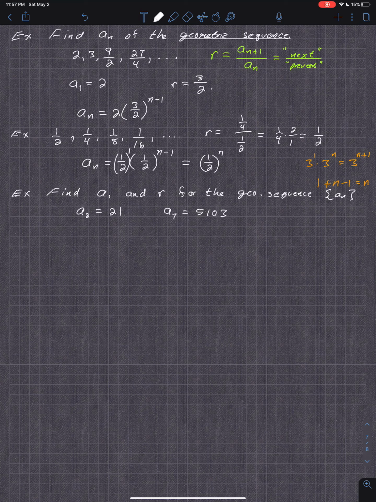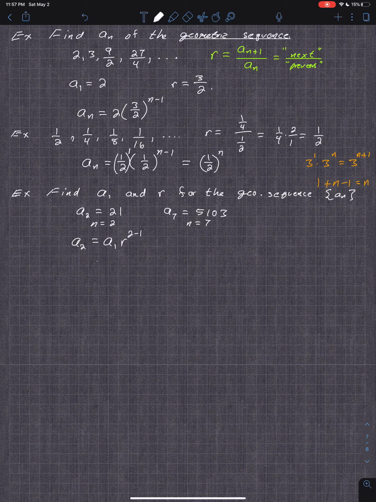All right, so this is similar to setting up a system of equations, but it's going to be non-linear, which you'll see in a second here. So this means n is equal to 2. This means n is equal to 7. And so A sub 2 is going to be A1 times R raised to the 2 minus 1.